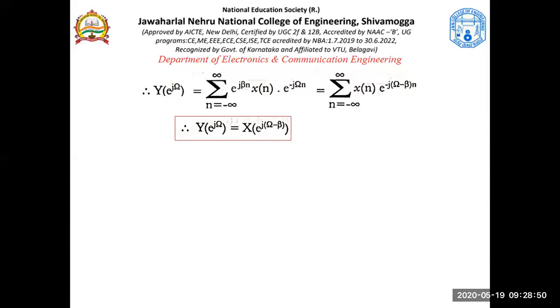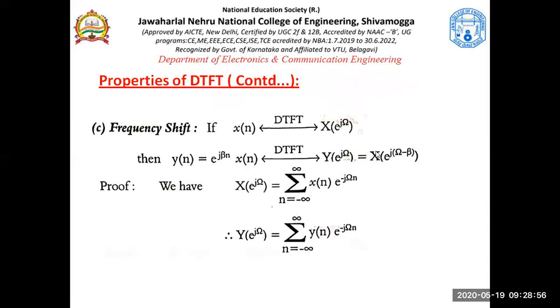Everybody understand that point? Okay, I explain again. See what's happening is, if there is a shift in frequency, that frequency shift is reflected in the time domain by this exponential. If it's e power minus j omega n, it is X of e power j omega.